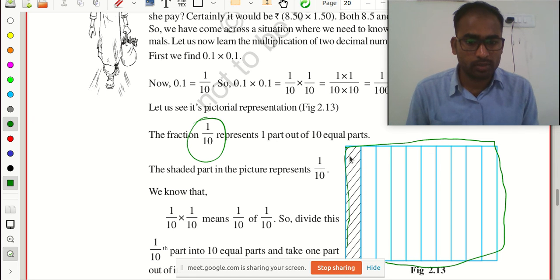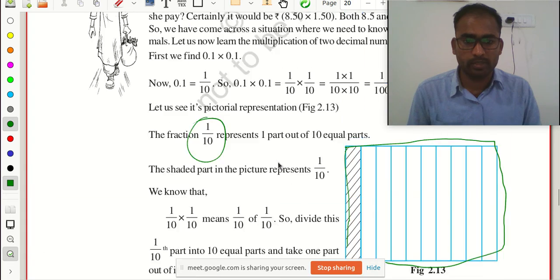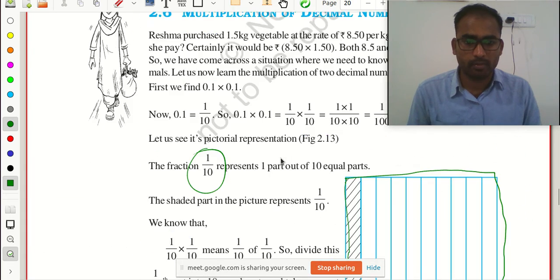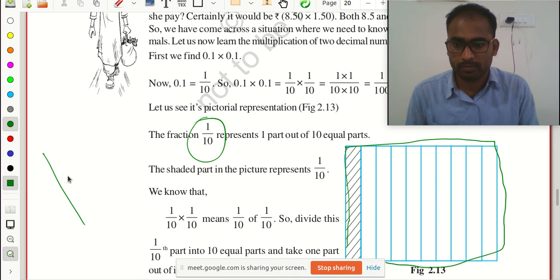I divided it into 10 parts. And the same, another portion I divided into 1 by 10 parts, in the horizontal way. Same here, I divided it.